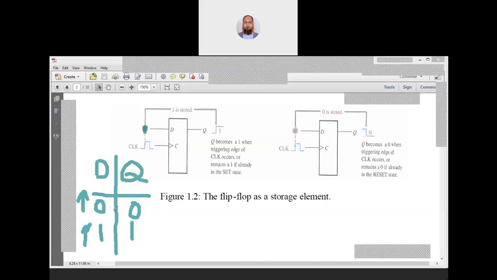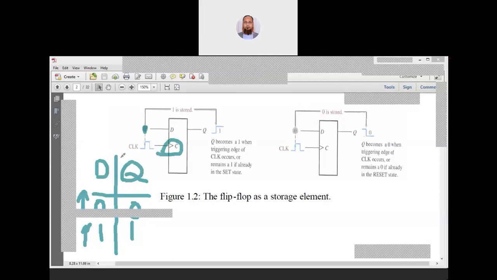So the state is changing only after the appearance of the clock. If the input remains 0 and multiple clocks come, the output will not change. Whatever is on the input side, it will pass to the output side. You can see this is positive edge triggered here. It can be negative edge triggered also, that doesn't matter.